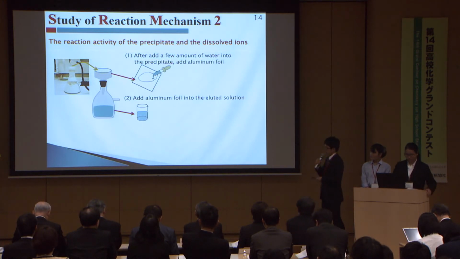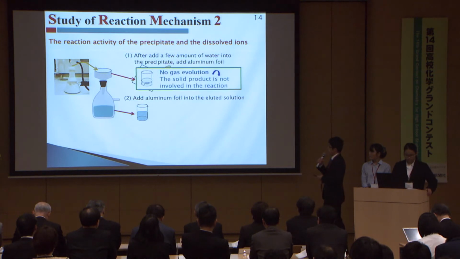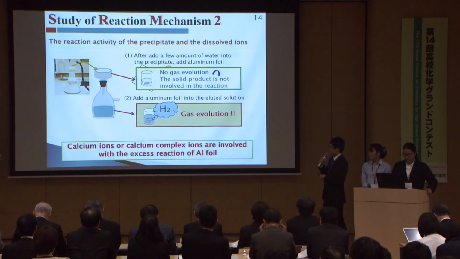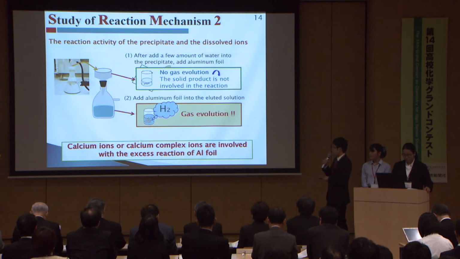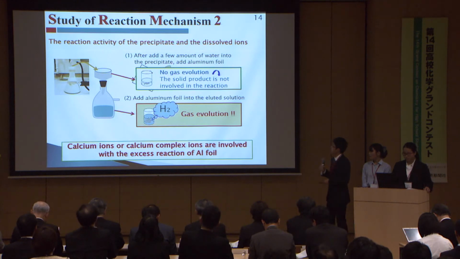As a result, gas was not evolved in the case of the precipitate. But surprisingly, gas evolution was confirmed in the case of the filtrate solution. Therefore, it is considered that calcium ions or calcium complex ions are involved in the excess reaction of aluminum foil.